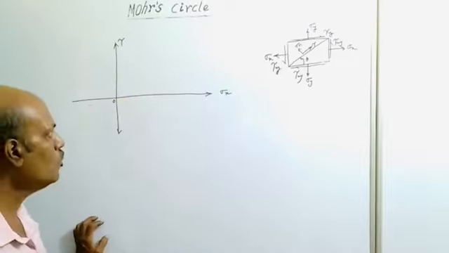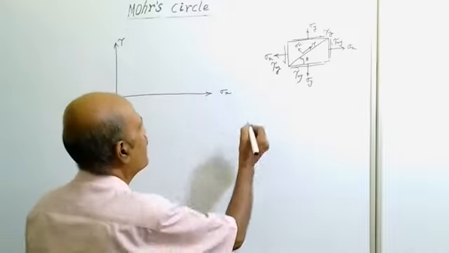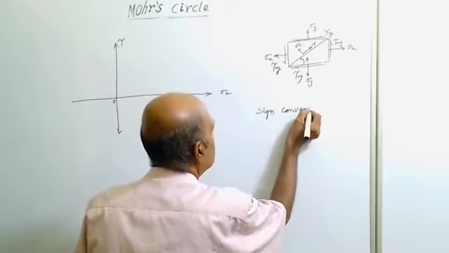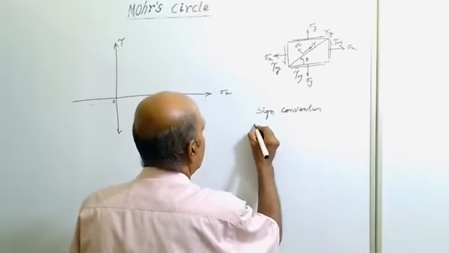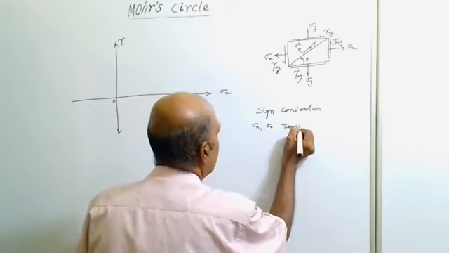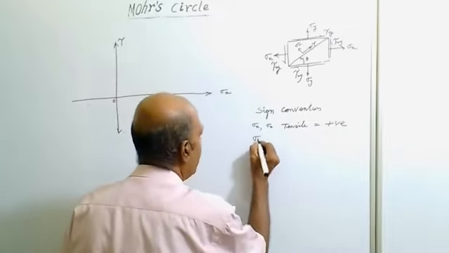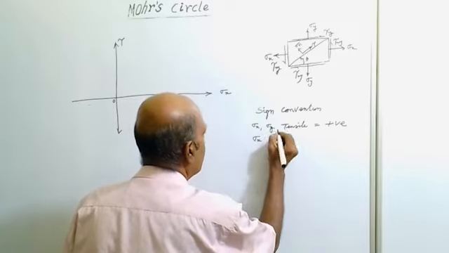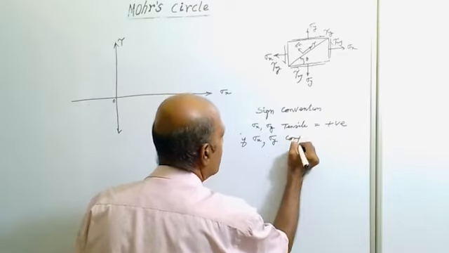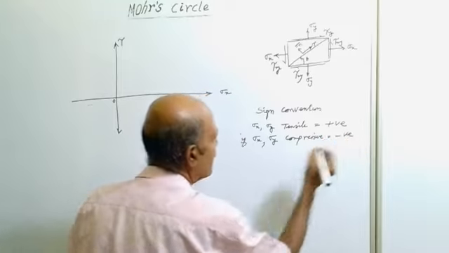Now, go to the X face. Before that, we will see the sign convention. This is most important, the sign convention. If sigma x or sigma y is tensile, then we will take it as positive stress. If sigma x or sigma y is negative or compressive, we will take it as negative stress.